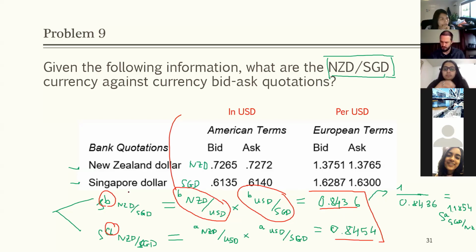So with this one, it will be the bid rate per USD for New Zealand. So that will be here, 1.3751. This one is the in USD bid rate for the Singaporean dollar.